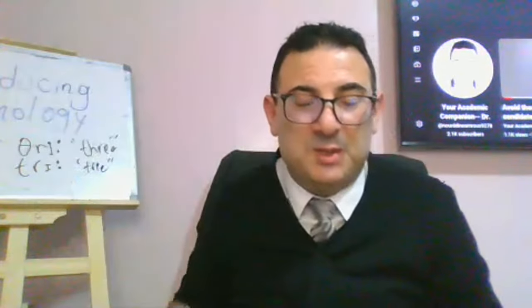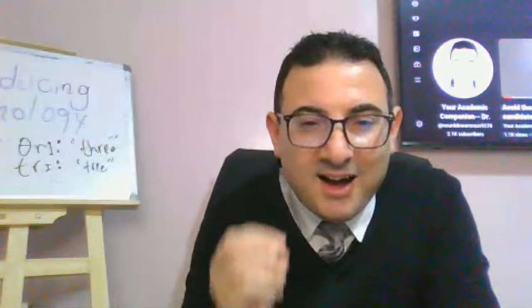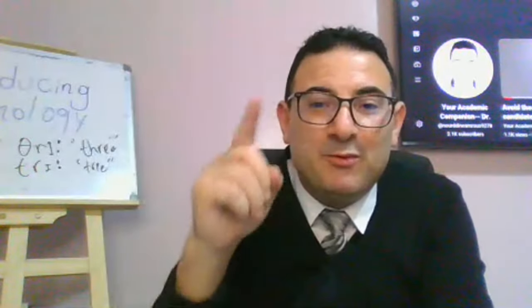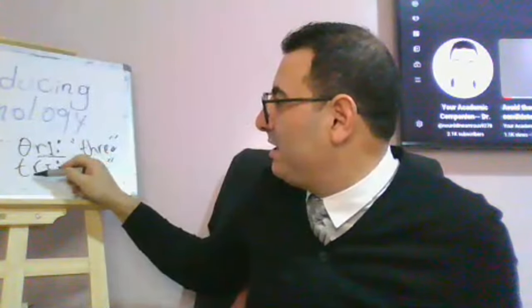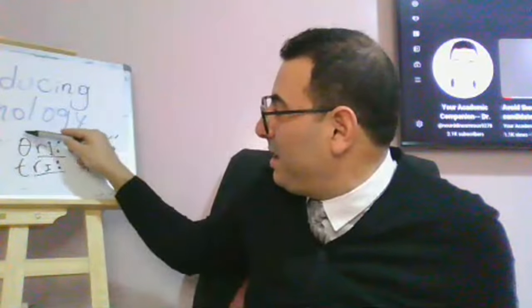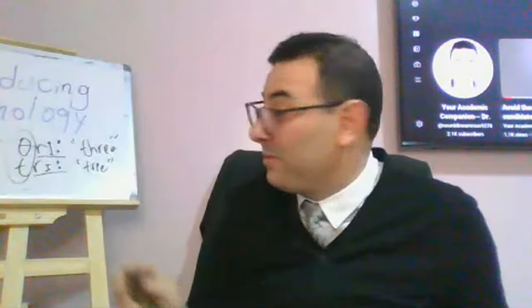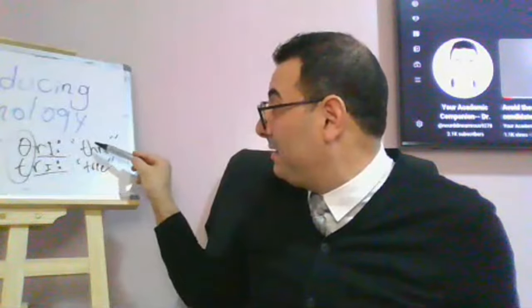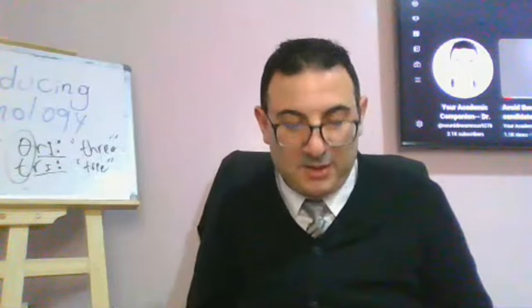If we look at these words, we find out that the words here are the same words except for one consonant. You see, you have different sounds here. Now, three means this, and tree means this.